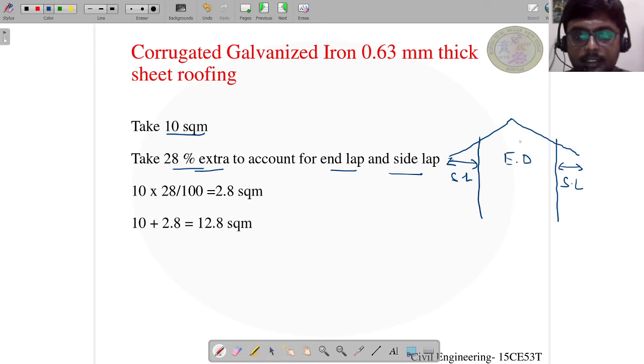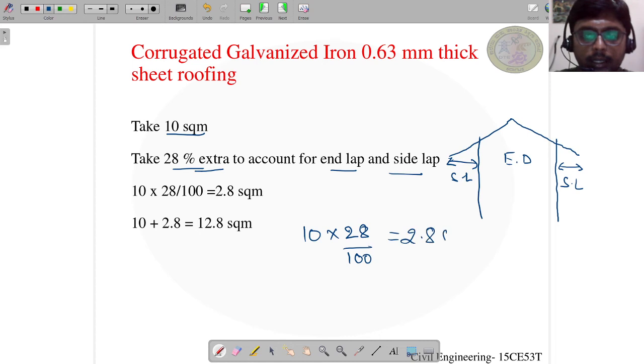End lap is front and back of the sheets. So 28% of 10 square meter, 28% means 28 by 100, will become 2.8 square meter. So add 2.8, 10 plus 2.8 becomes 12.8 square meter.